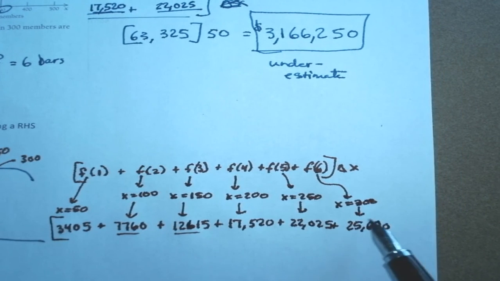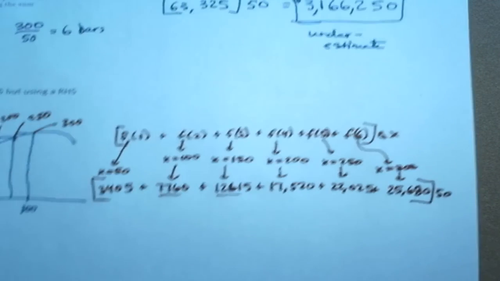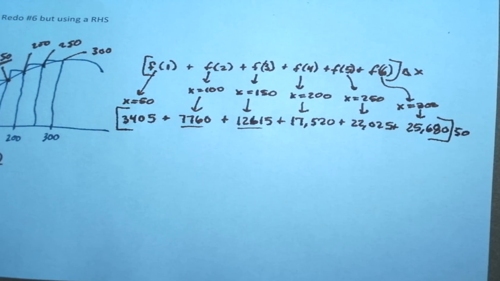And that'll all be times delta x, which in our case is 50. So let's add all these up. We get 3405 plus 7760 plus 12,615 plus 17,520 plus 22,025 and then 25,680.